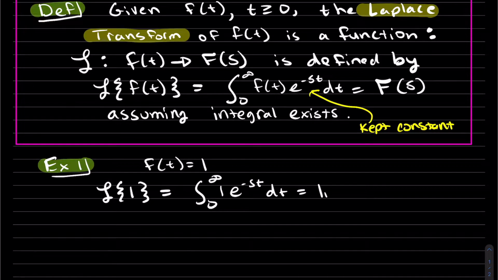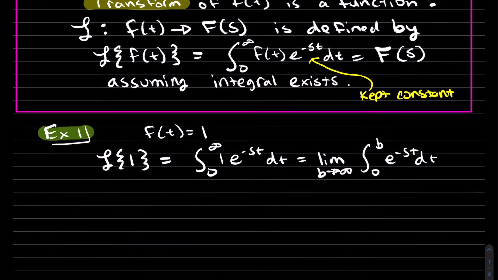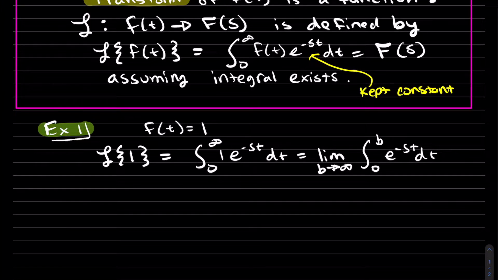We will be good this time and take the limit as b goes to infinity. The definition of an improper integral is the integral from 0 to b of e to the minus st dt. Take the integral, and that's going to be minus 1 over s e to the minus st. We take that from 0 to b, and the limit as b goes to infinity.